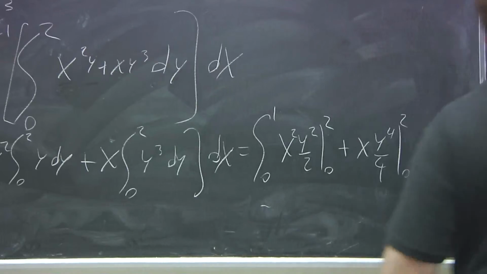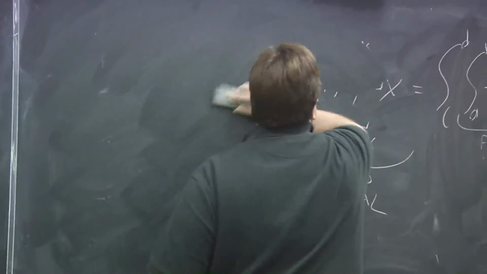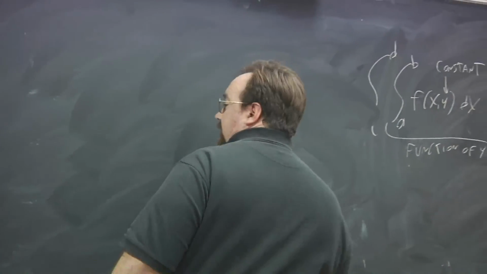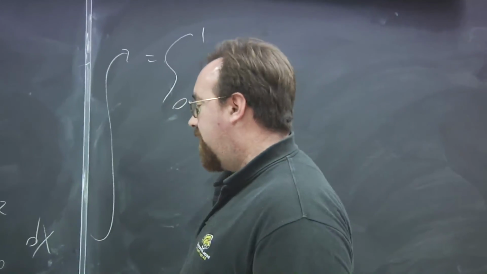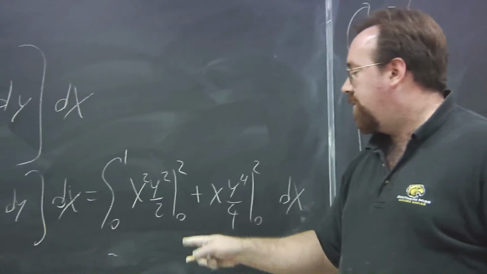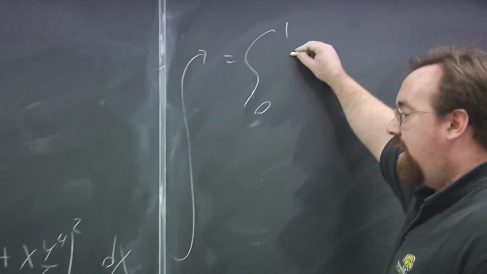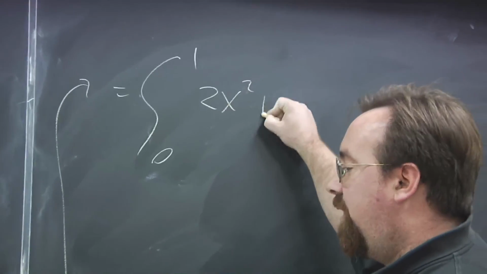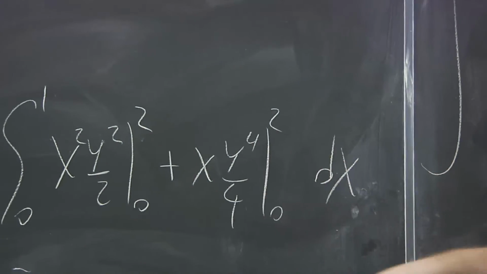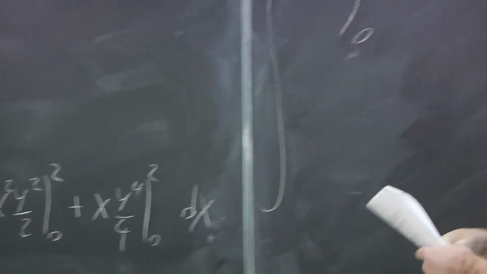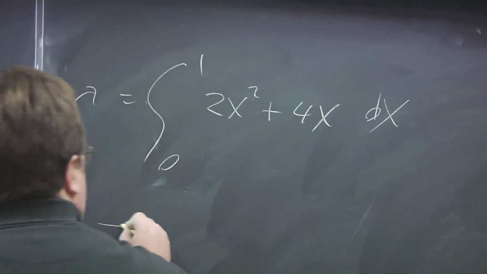Once we do that, we're going to leave x alone, and what we'll have is a function of x, and then we integrate that. So we plug in 0 and 2. When we plug in a 0, we're not going to get anything. So we're just going to get 2x squared. And over here, we're going to plug in 2 and get 16 over 4, so 4x, dx.